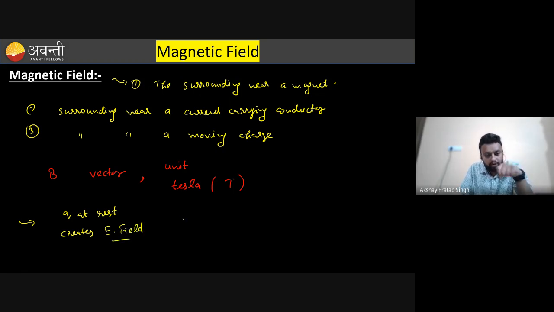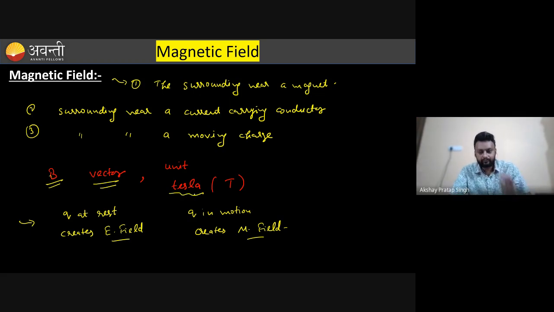Now, if it is in motion, then it creates magnetic field. That means Q in motion creates magnetic field. I think this point is clear. So till now, we know that a moving charge creates magnetic field. It is represented by the symbol B. It is a vector quantity and its unit is Tesla.